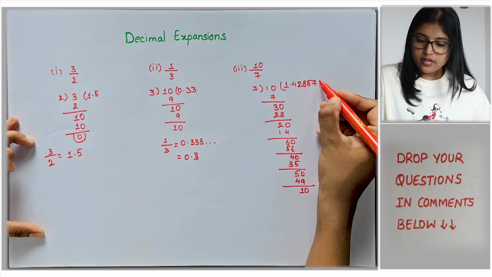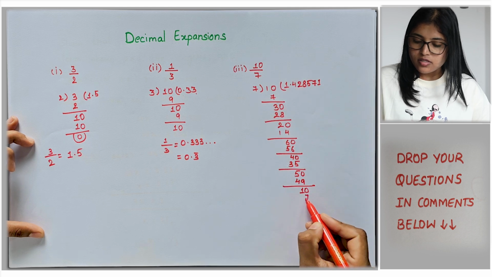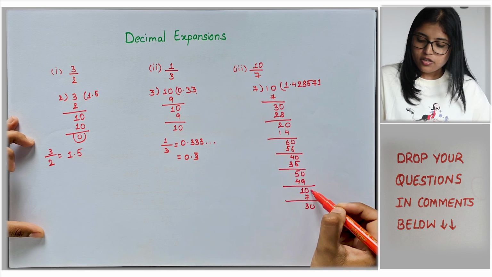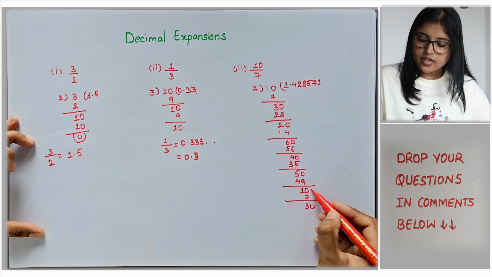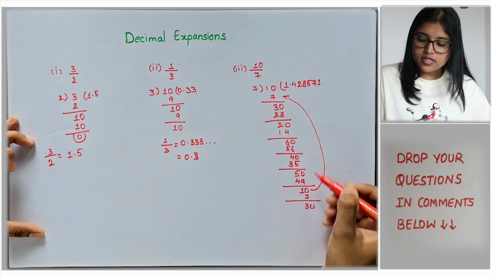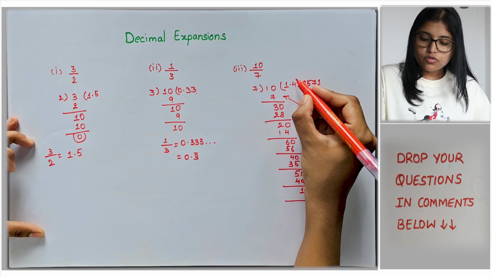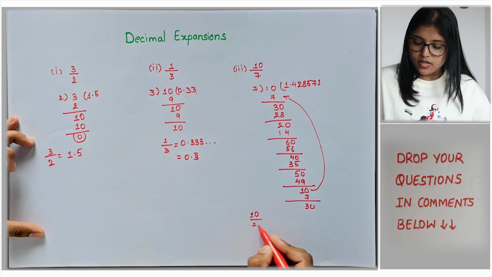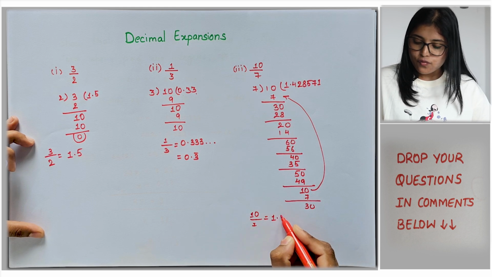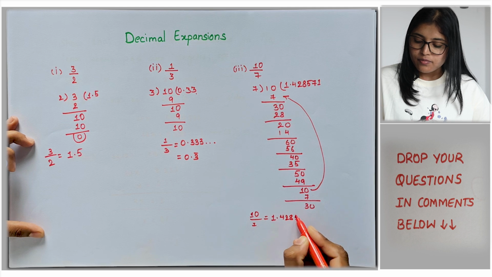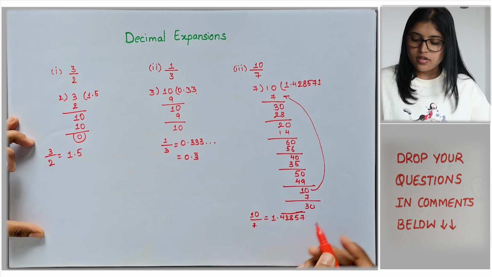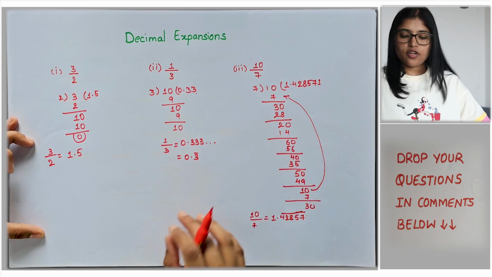So we go back again, and 7 ones, 7, 3. So you can see what's happening is at this particular point we have started getting a recurring decimal, because you can see that is where we started. So this whole thing is going to recur. So we can write 10 by 7 as 1.42857 bar, that is this 42857 is going to recur continuously.